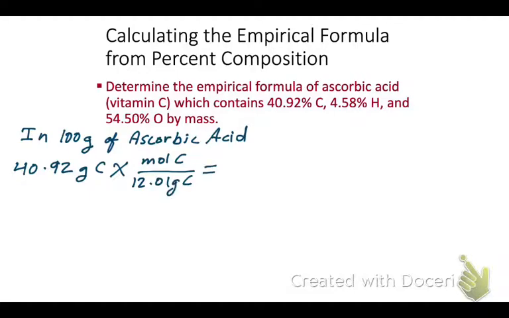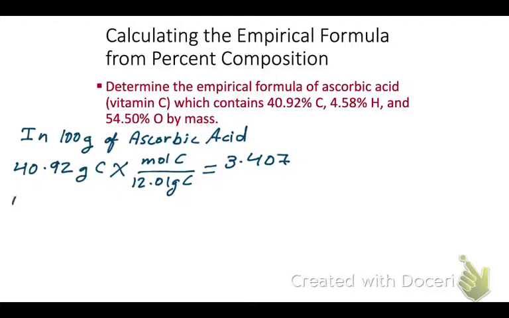When you do this mathematically, your calculator will say that 40.92 divided by 12.01, and you're going to keep, in this case, 4 sig figs. The answer will be 3.407.